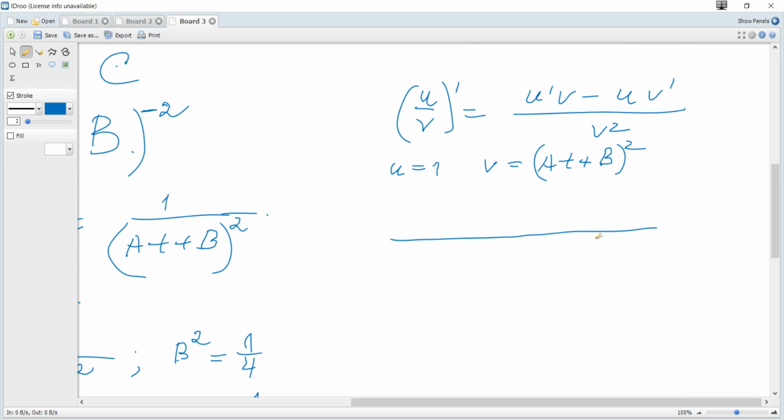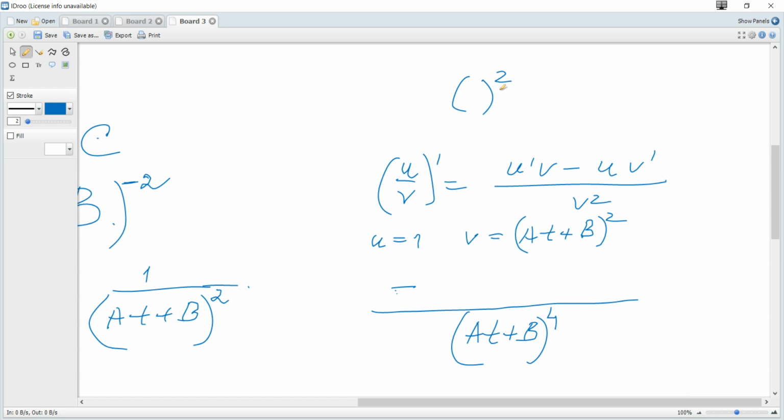So the derivative becomes the denominator squared, so at plus b squared, squared, to the power of 4, and the derivative of u is 0, minus u, which is 1, times the derivative of v. Here the chain rule arises too: something squared, the derivative is 2 times this, times the derivative of something.